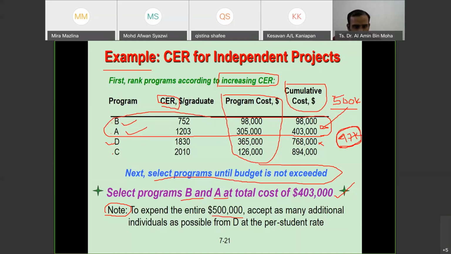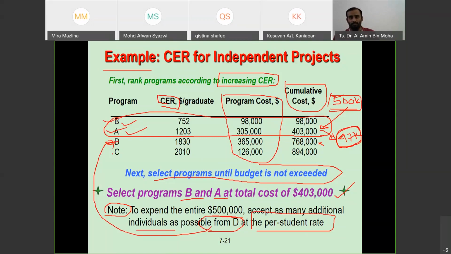Accept as many additional individuals as possible from D, because you still have a balance of 97K as per student rate. But mainly for the program you can just choose B and A and some from D until the budget is out. So that's the example of CER.